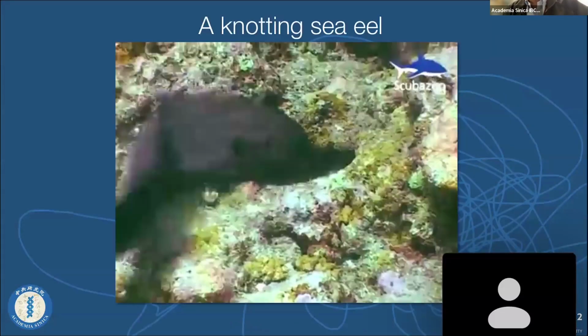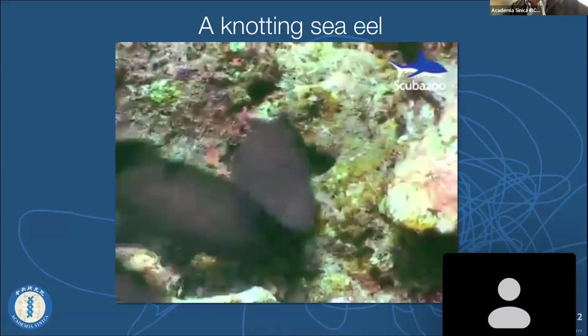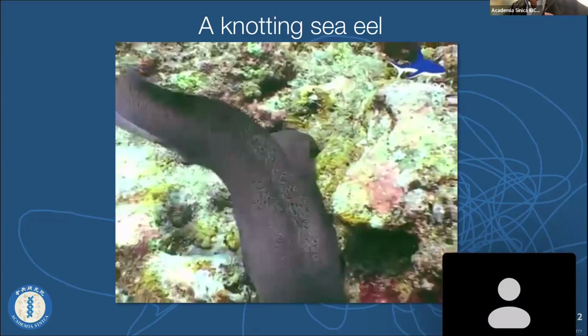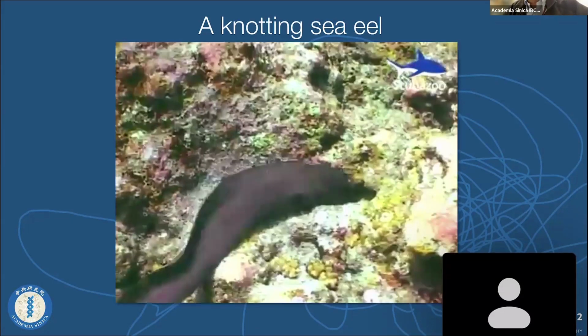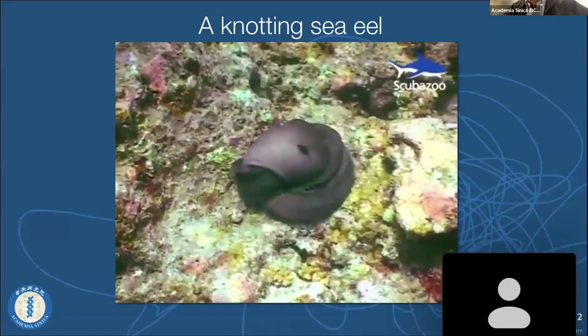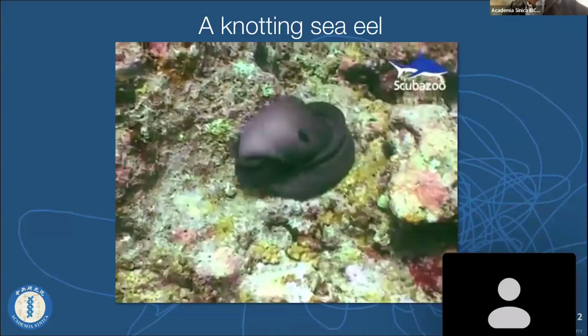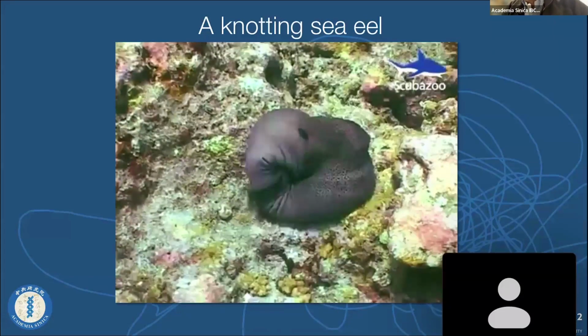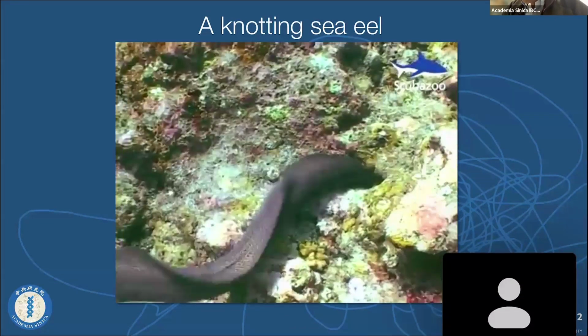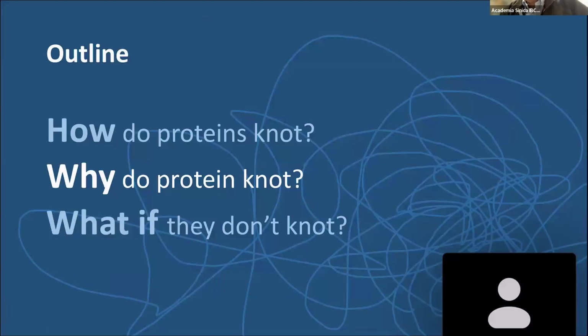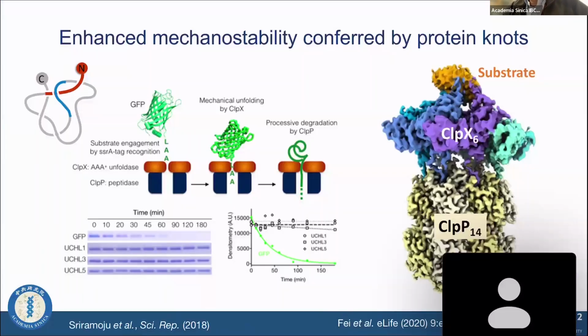So this is the way we imagine how it works. You have a polypeptide chain, you are almost getting pulled into the proteolytic chamber. If you tie a knot, then you are more stable mechanically to withstand the force pulling. So the experiment we designed is we introduce a small tag called the SsrA tag.